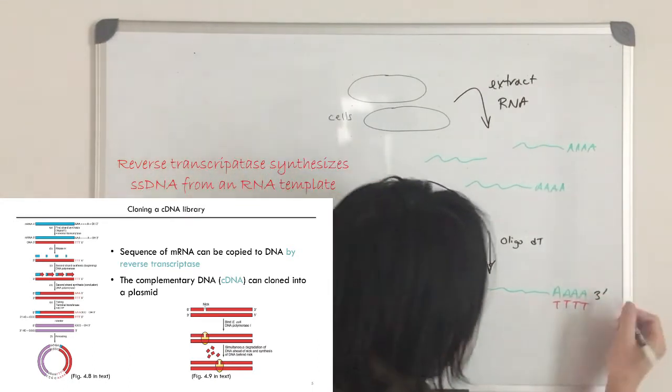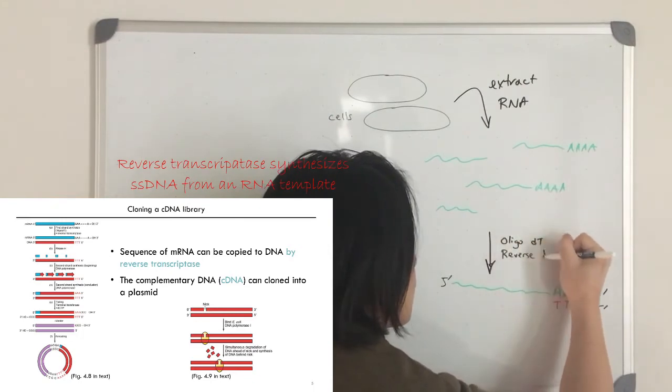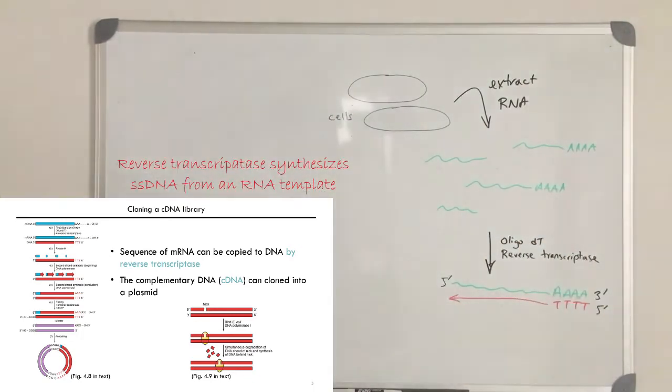A primer that will anneal specifically to the 3' poly A tails of mRNA would be a synthetic single-stranded DNA oligonucleotide consisting of a string of Ts, or an oligo-dT primer. With the oligo-dT primer annealed, you can use the reverse transcriptase enzyme to polymerize the complementary strand of DNA from the mRNA template.